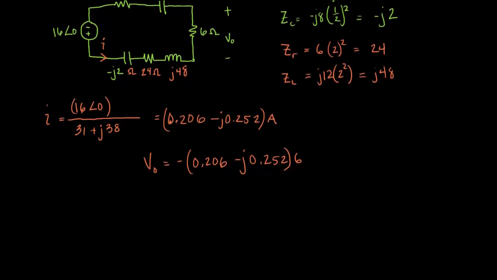What you'll come up with, and if you didn't put the negative sign you won't get it right, is that V0 equals 1.95 angle 129.26. Okay, and that's how you solve those kinds of problems.